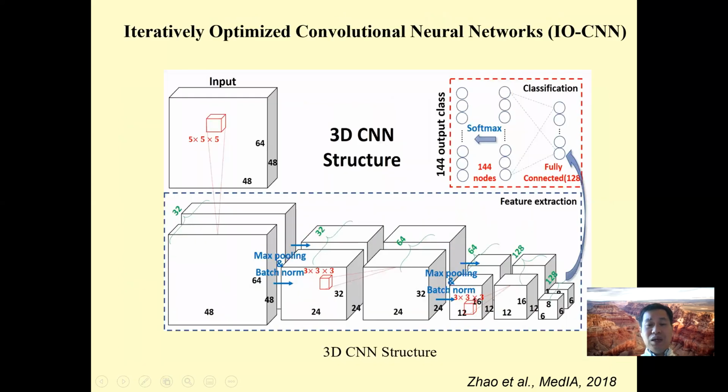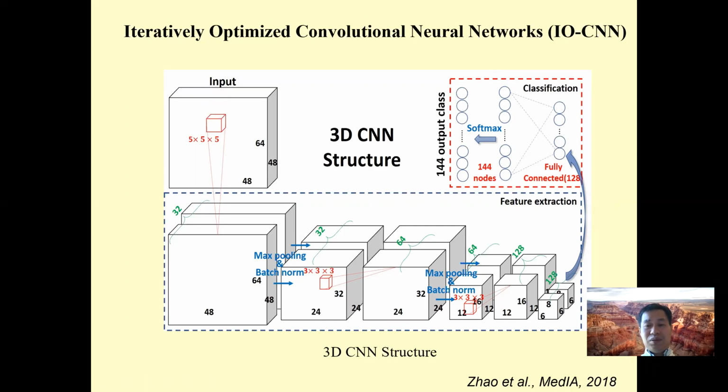So we already dealt with these very typical 10 most common brain networks in resting state and in task fMRI, but that's not sufficient. We know that there are at least hundreds of brain networks. So in this work, my student designed a new 3D CNN structure to recognize 144 different types of brain networks.